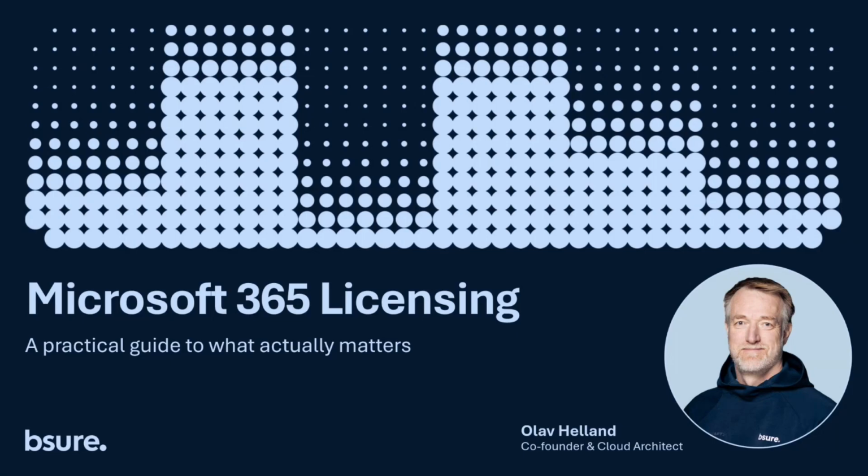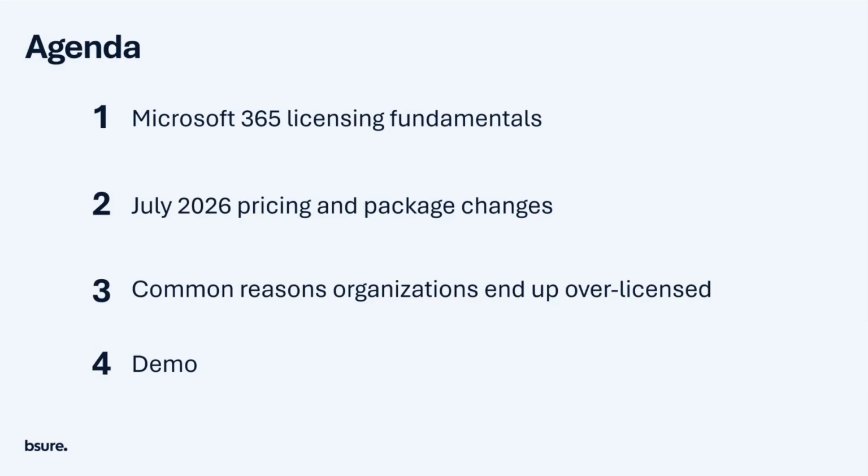So the session today is called Microsoft 365 Licensing and a practical guide to what actually matters. We've split the agenda into 4 parts. First, we'll talk a little bit about some fundamentals on how a license is constructed. We'll cover the difference between subscription and the license and show you how SKUs, service plans, and assignments work.